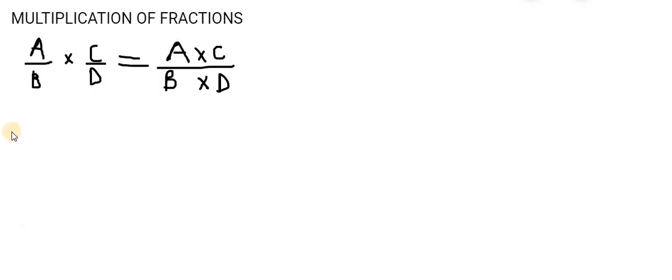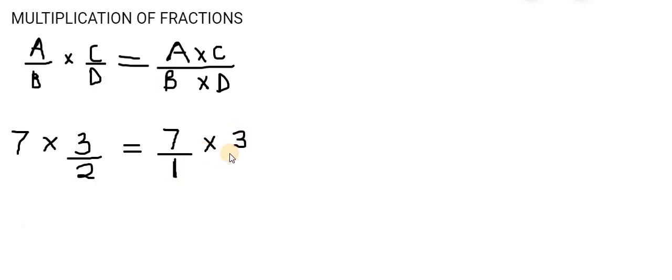Now, what happens when you have to multiply a whole number by a fraction? Now, remember, it's important to note that a whole number is also a fraction, because 7 can be written as 7 over 1. Okay? Times 3 over 2.